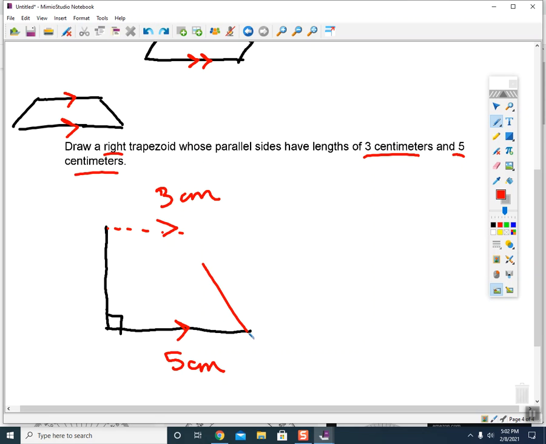And then your line is going to connect here. So this is just a rough sketch of what yours should look like. Yours should be more precise than mine. So measure it out so that the bottom is 5 centimeters, the top is 3 centimeters, and it has a right angle. Okay, so go ahead and finish this one up on your own.